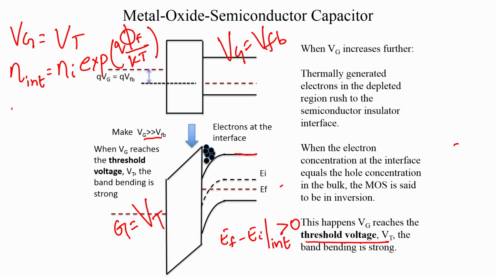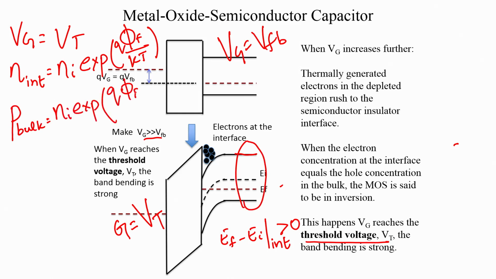So, that is the number of electrons per unit volume at the interface. What is the number of holes in the bulk? P in the bulk is Ni exponential of q phi f by kT again, because Ei minus Ef is q phi f, and at Vg equal to Vt we said that this difference is also q phi f, and hence the electron population is this.